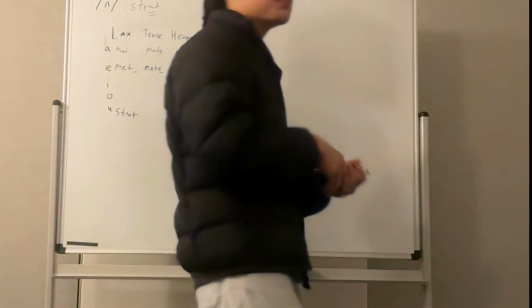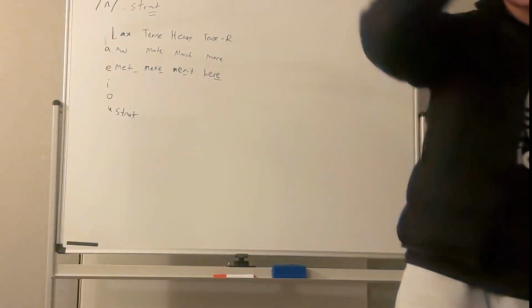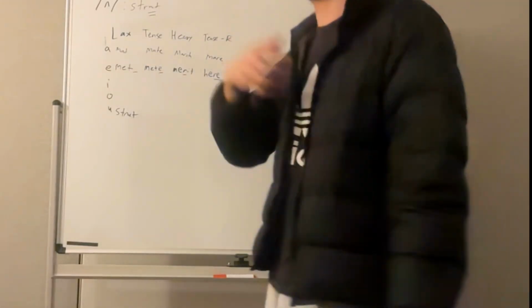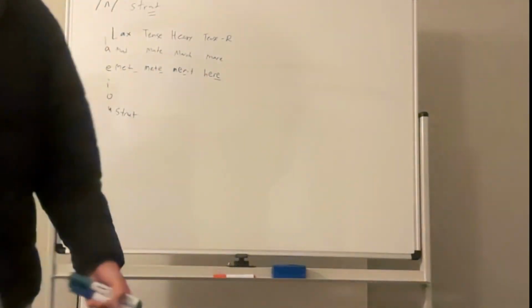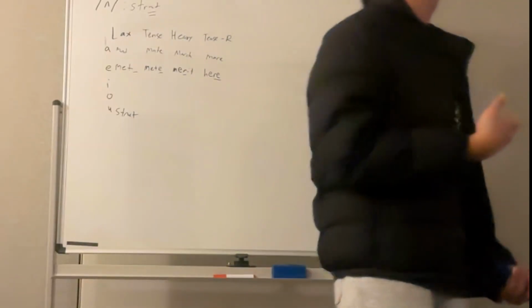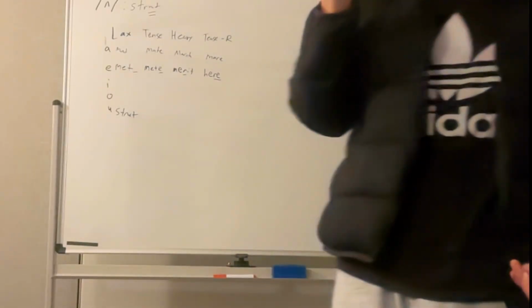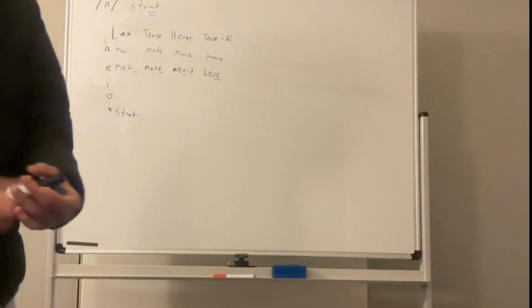If you want to mete something out to other people, you are distributing it to them, usually out of kindness or good faith, and it's usually a very small portion, right? That's mete. And a mare is a female horse.